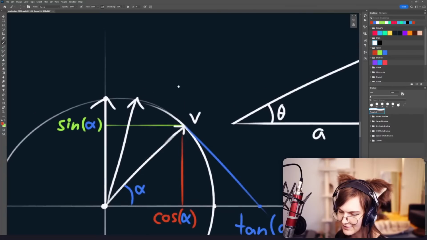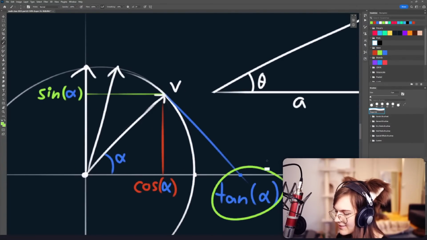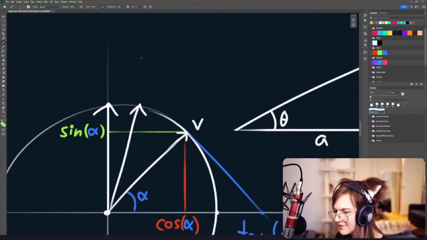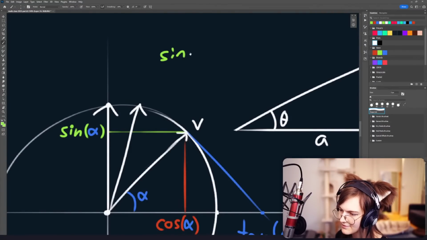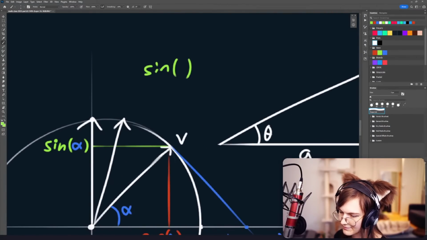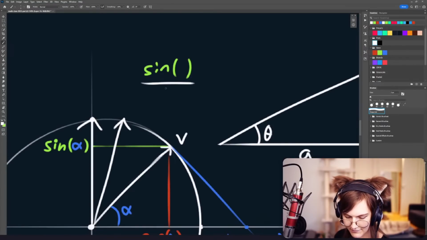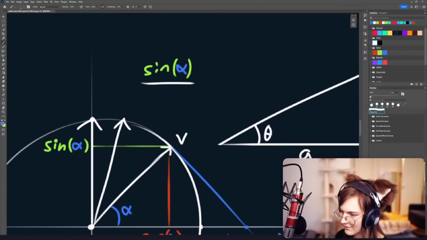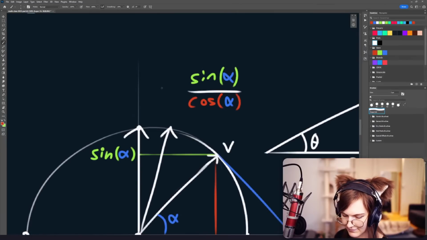But I should probably also mention that the tangent can be defined using the sine and the cosine. So there we go.